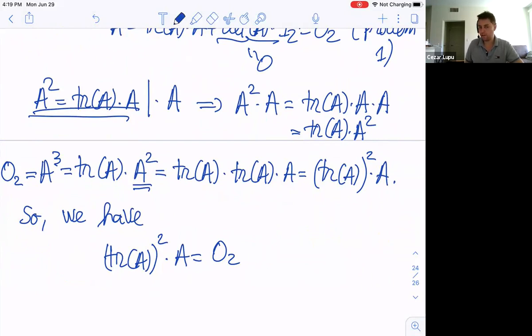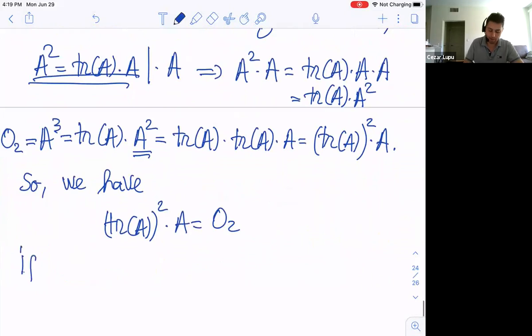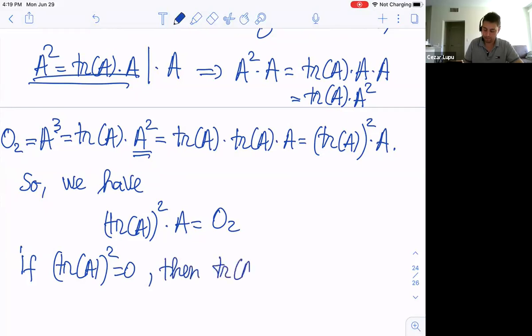Either the scalar is 0, so if trace of A squared is 0, then trace of A is 0. But if trace of A is 0, from this fact here, let's call this star, since I know that A squared is trace of A times A, this will imply that A squared is 0. So, which is exactly what we wanted to prove.